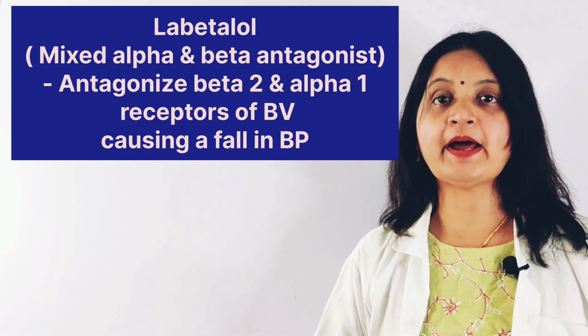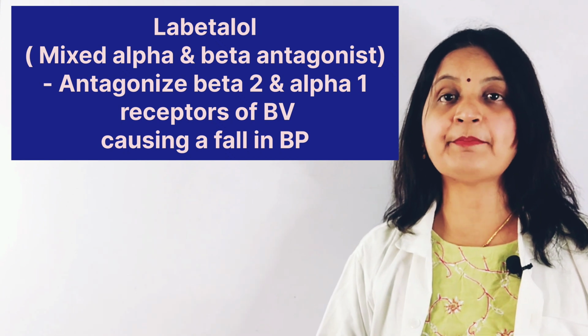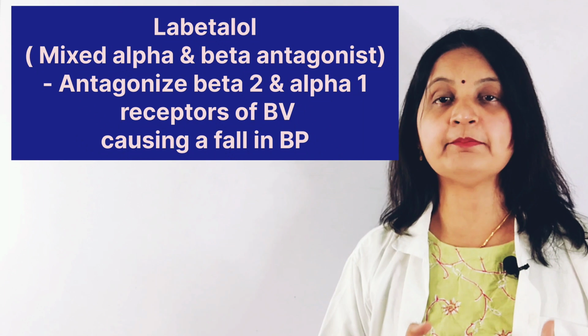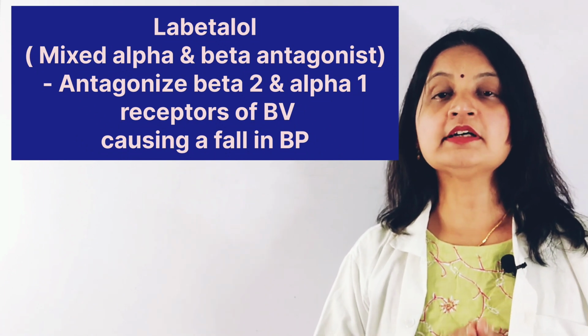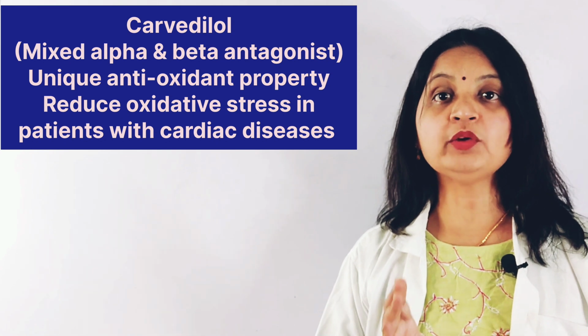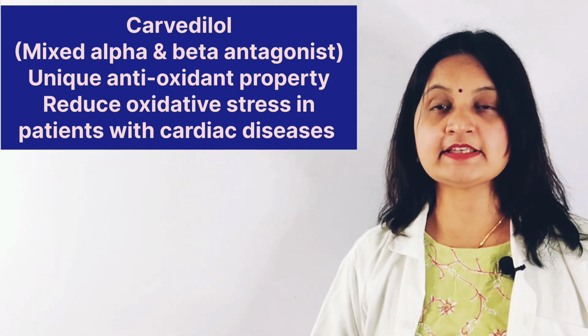So labetalol, by blocking the alpha-1 receptors, further reduces the peripheral vascular resistance, resulting in a fall in blood pressure. So both alpha-1 and beta-2 blockade action results in a fall in blood pressure, but the side effects are hypotension and dizziness.